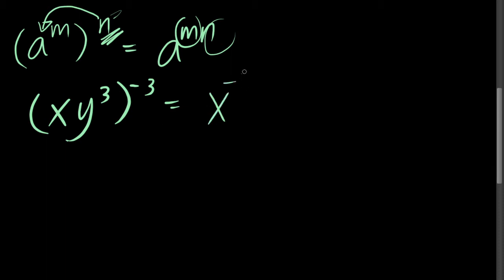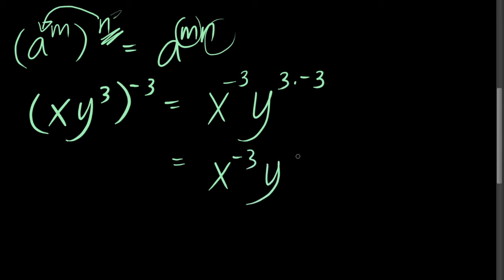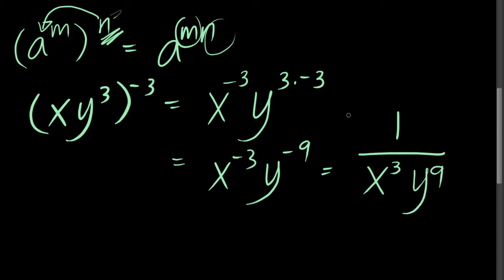X raised to negative 3, di ba? Y raised to 3 times negative 3. Simplifying this gives you x raised to negative 3, y raised to negative 9. And write this down as 1 over. Kay duwa sila kabilog na negative, subong silingon, duwa sila ara sa dalom. X cubed and then y raised to 9.